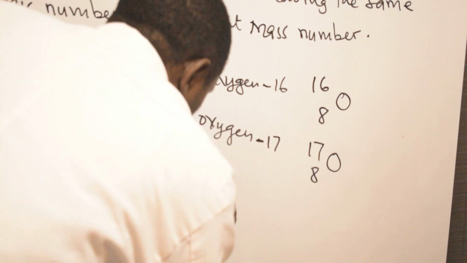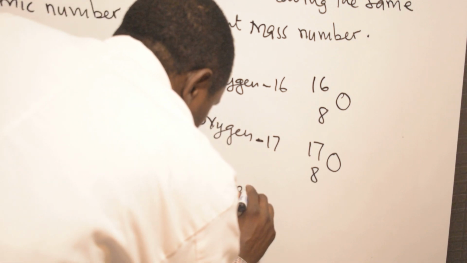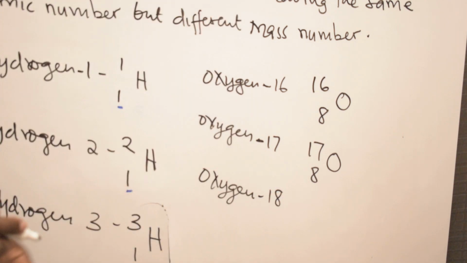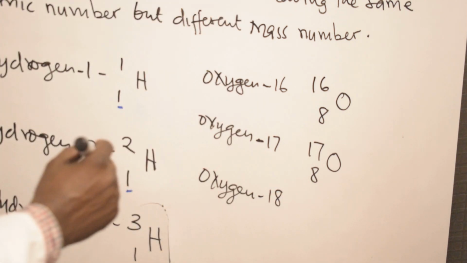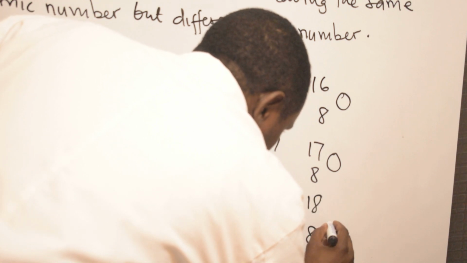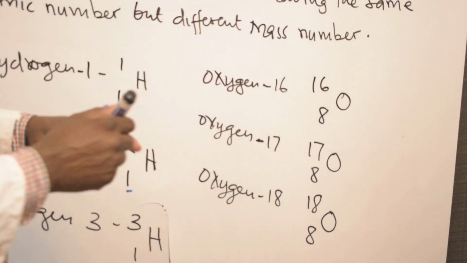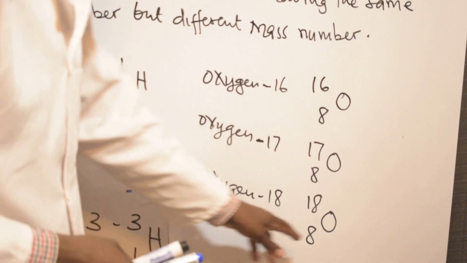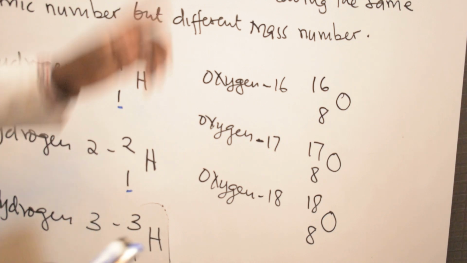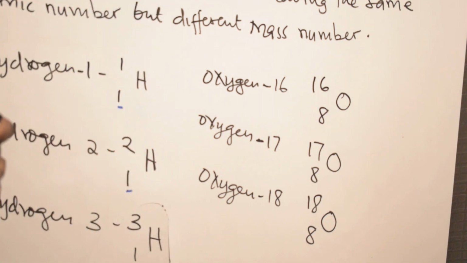I'm also going to have another isotope of oxygen, oxygen 18, again having a mass number of 18. The atomic number is the same, and I'm going to have my chemical symbol of oxygen, which is O. That's how we are going to represent them.